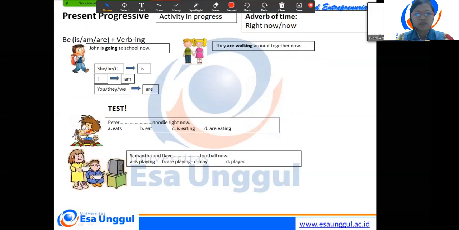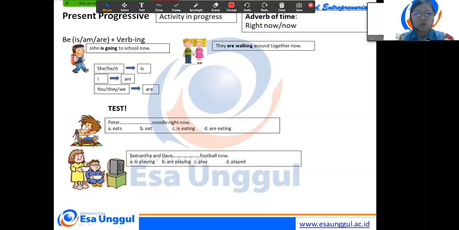Present progressive or continuous. If you want to describe the activity or event that progress right now, you can use present progressive, the adverb of time, right now, or now. We look at the example. John is going to school now.